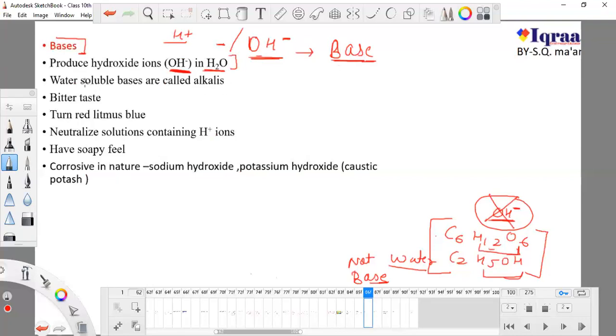Now there are two types of bases. One type of bases are soluble in water, and another type of bases are non-soluble in water. Those bases which are soluble in water are known as alkalis.